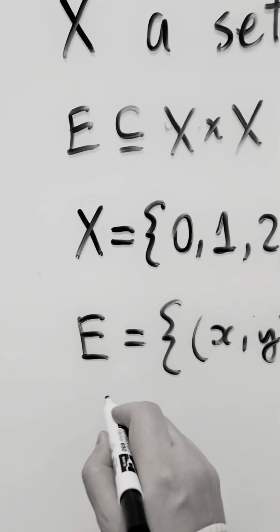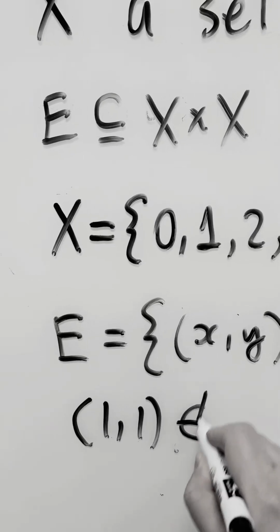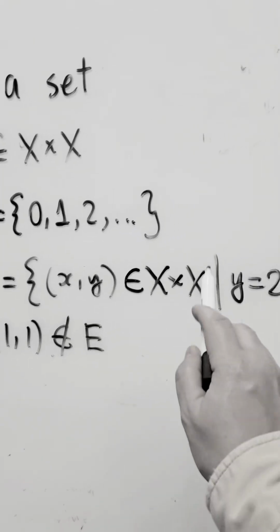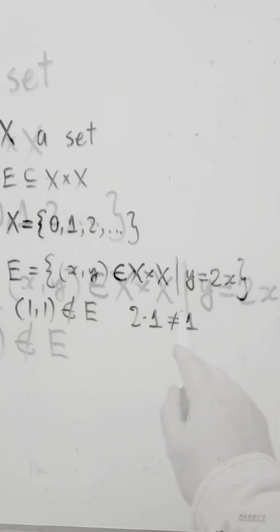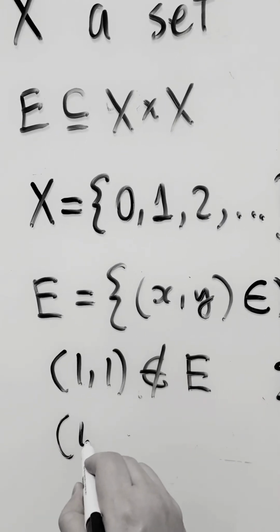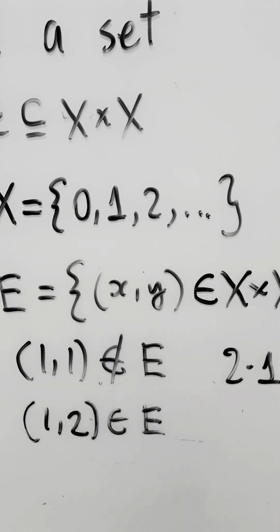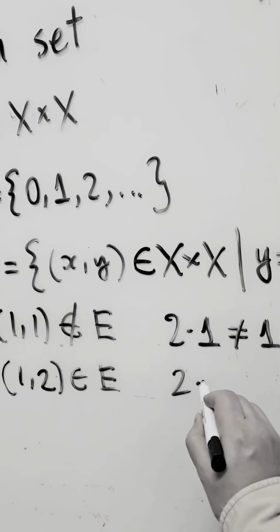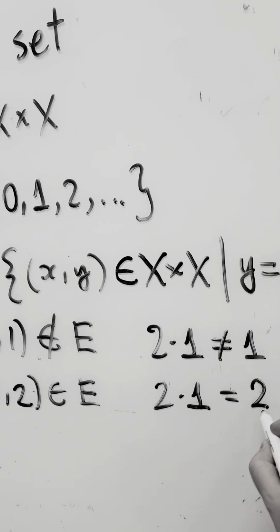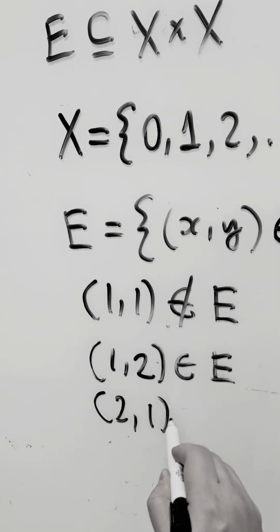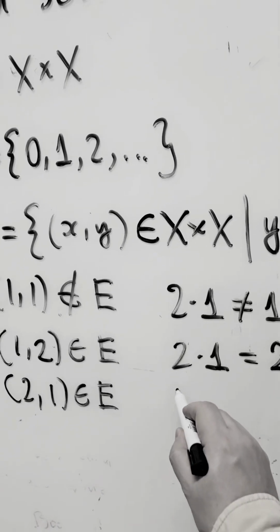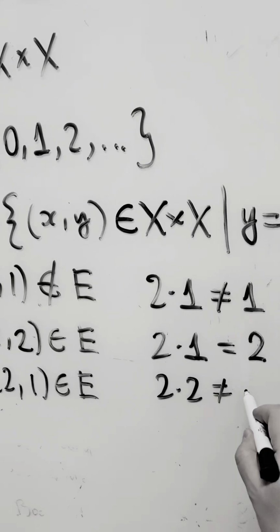For example, the pair 1, 1 is not an element of E. How can we see this? Well, if it were an element of E, Y should be equal to 2 times X. This relation is not symmetric either, because while 1, 2 is an element of E, indeed, since 2 times 1 does equal 2, 2, 1, which should have been an element of E by symmetry, isn't there, because 2 times 2 does not equal 1.